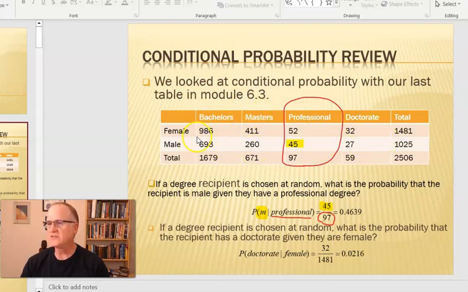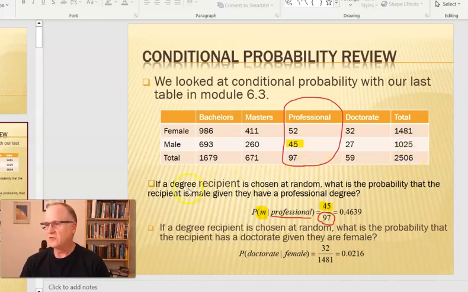So we had a nice contingency table here that talked about male, female, and then different degree levels. So this would tell us that since, for instance, 27 males got doctorate degrees, and there were 59 doctorates altogether and 1,025 total males in this total group of 2506.